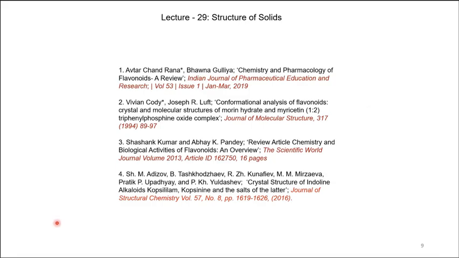Okay, this is what we have been talking about, isoflavones and alkaloids. Here in these slides I have given at least 4 references where in detail we can get flavones and isoflavones and the structure of alkaloids.